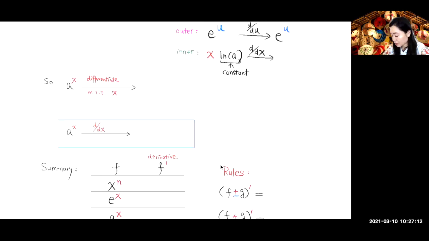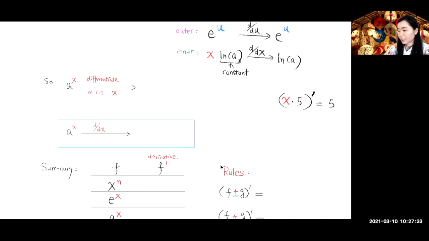What do I get? So you have x times ln a, and when you differentiate that, you get ln a, that constant there.